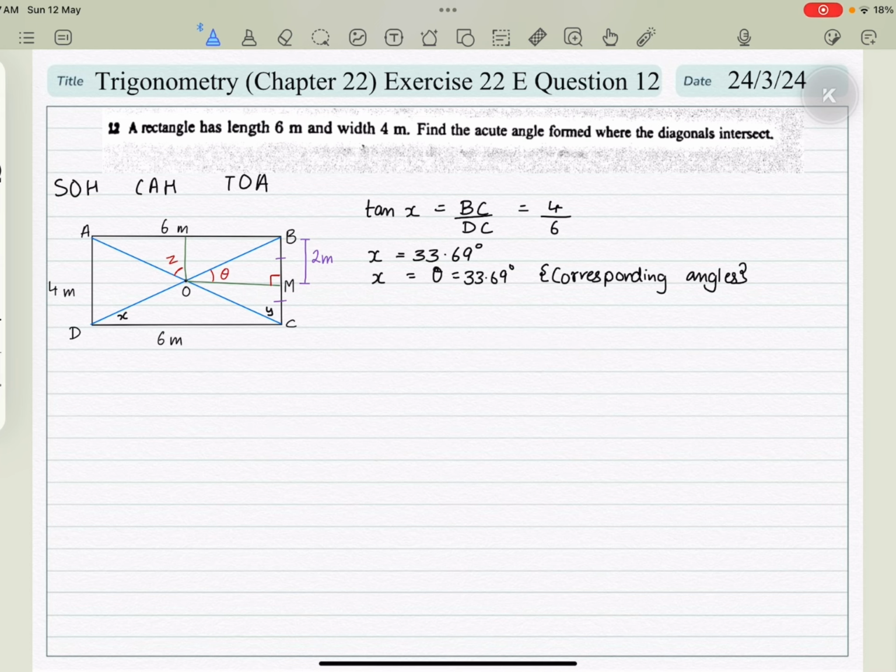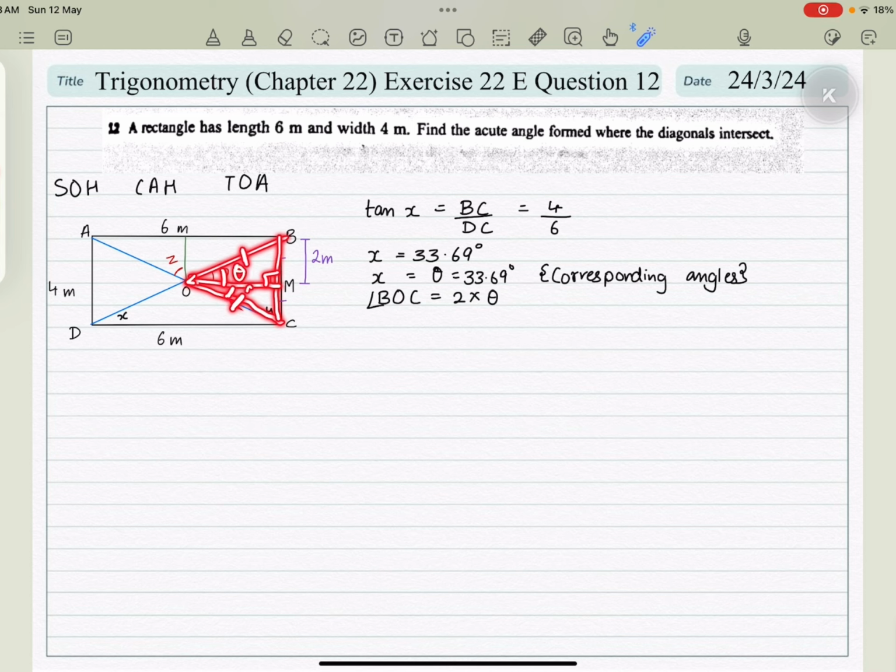Now angle BOC is equal to 2 into theta. Why is this? If you look at this triangle BOC, if you draw a perpendicular here, you see that this is an isosceles triangle, so the altitude is going to divide this angle into 2 equal parts.